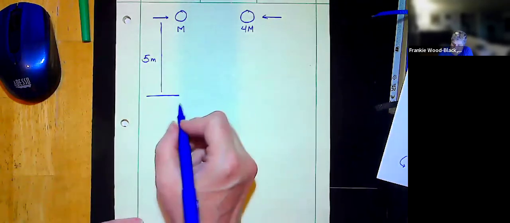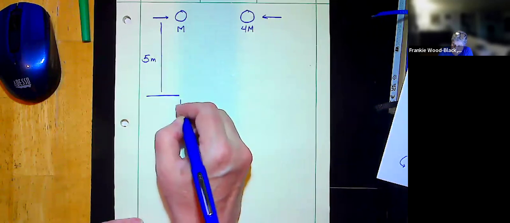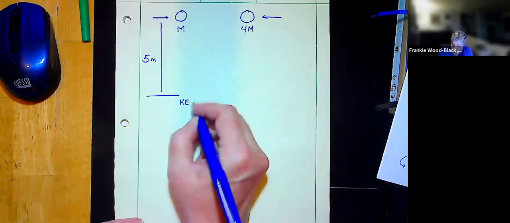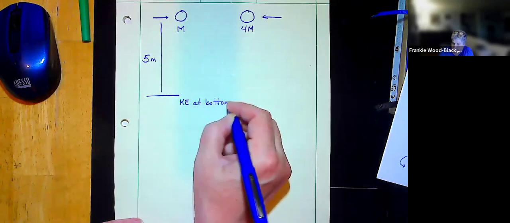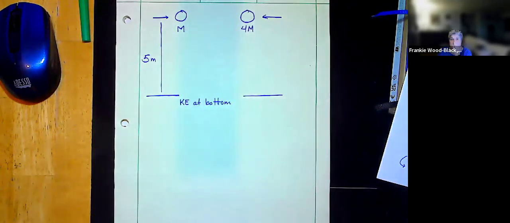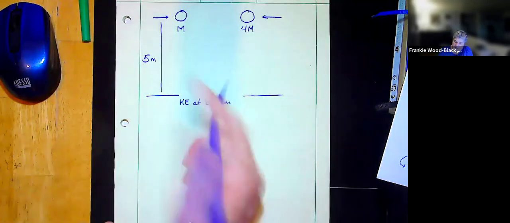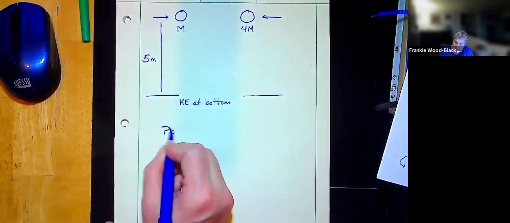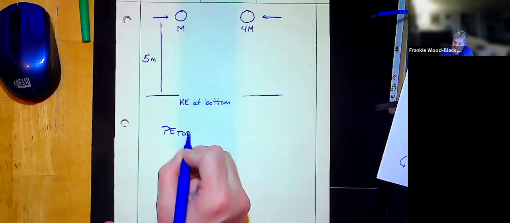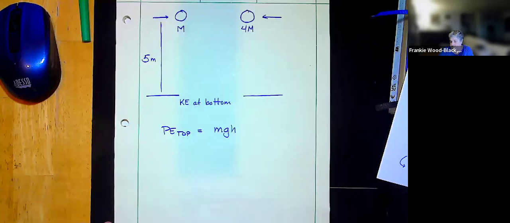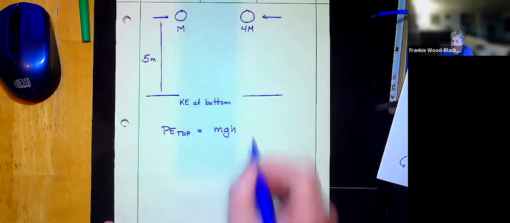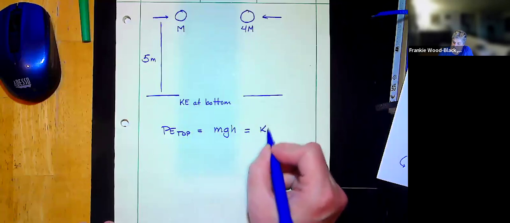We want to look at the kinetic energy at the bottom, and we want to compare that with those two objects. All right. So at the top, the potential energy at the top is going to equal mgh, which has to equal the kinetic energy at the bottom.